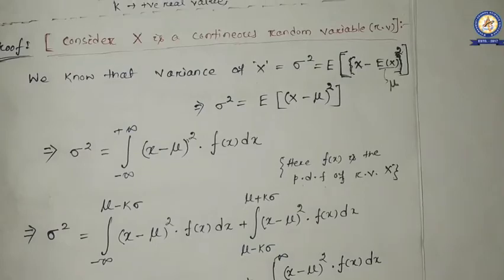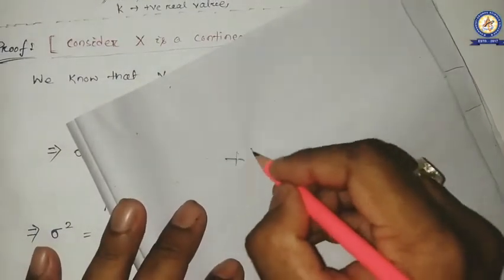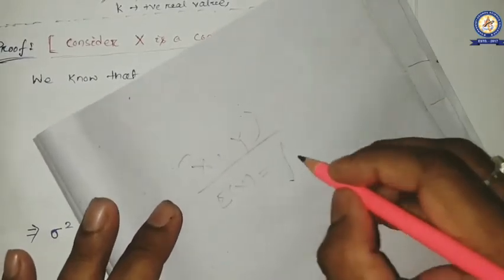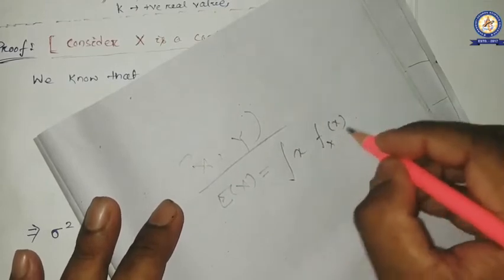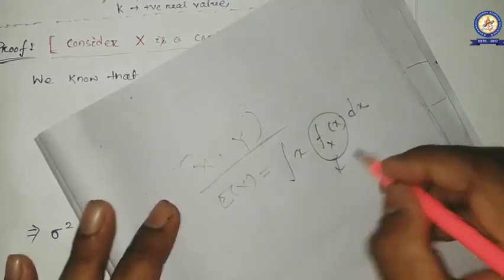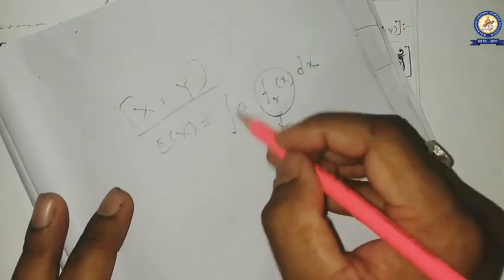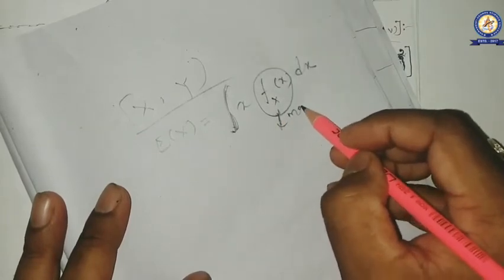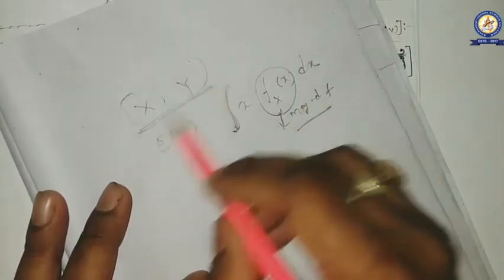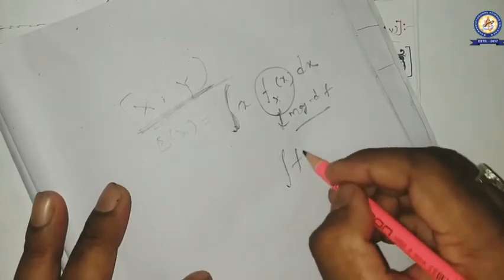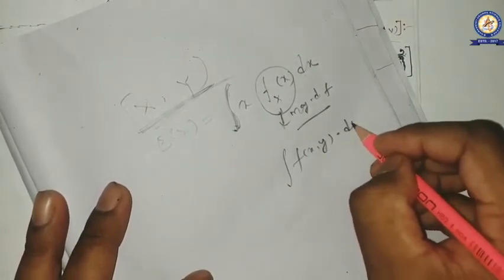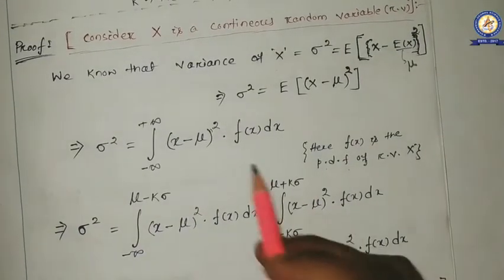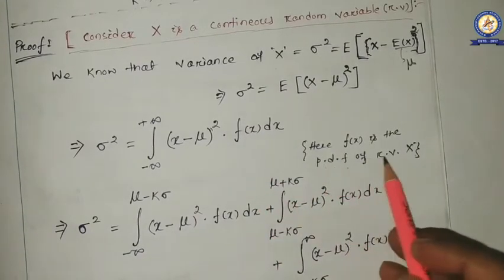If we consider bivariate random variables x and y, then expectation of x will be integration of x times the marginal density function of x, integrated over all values of x. This marginal density function is the integration of the joint probability density function with respect to dy, that we know. But as it is a single random variable, this will be the pdf of x.